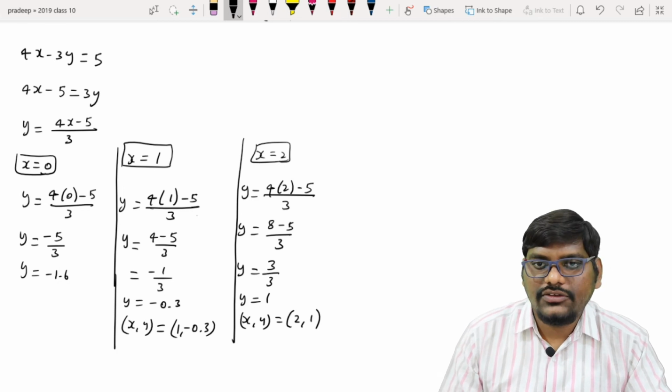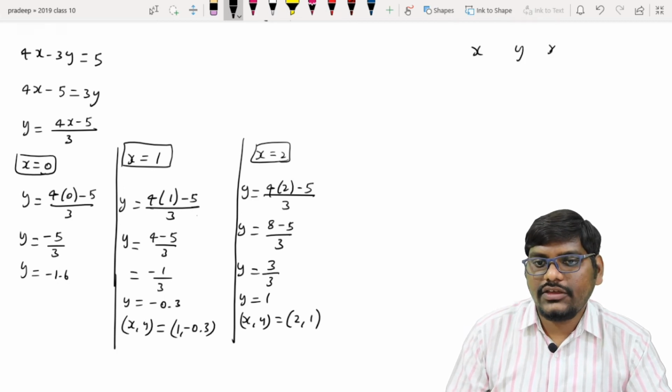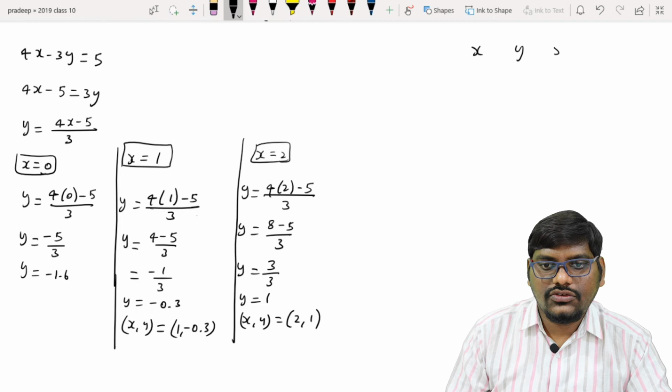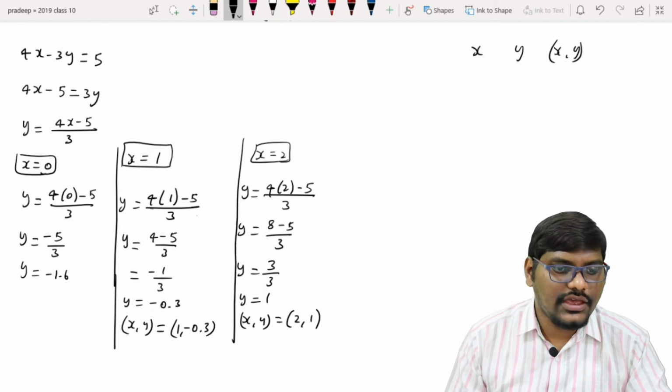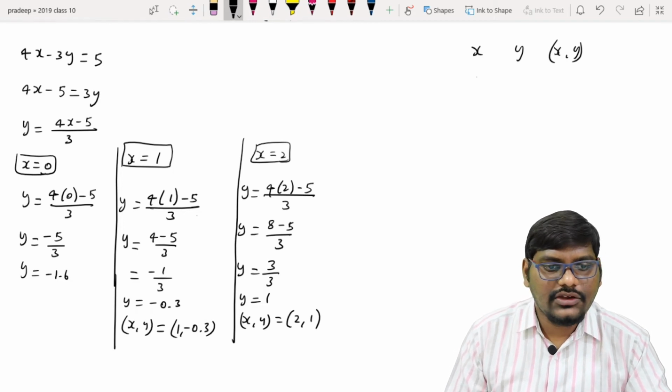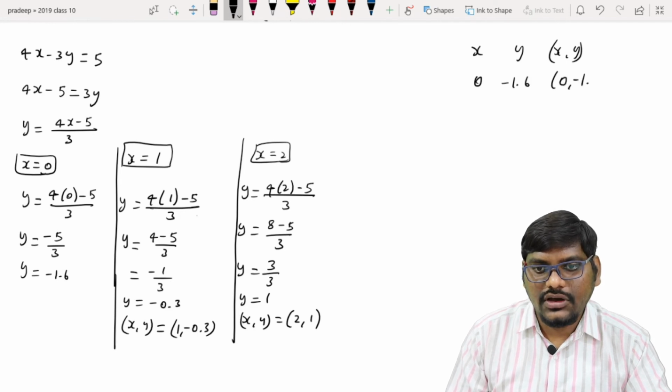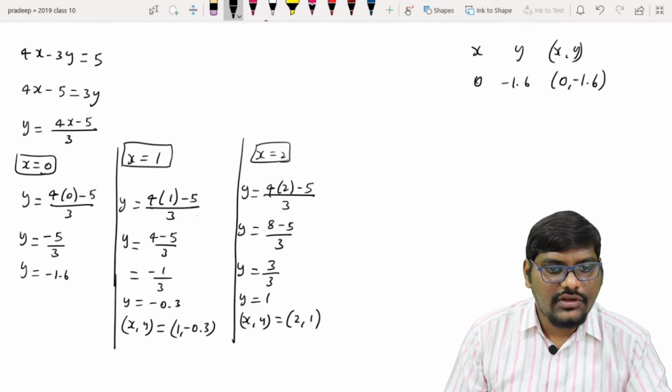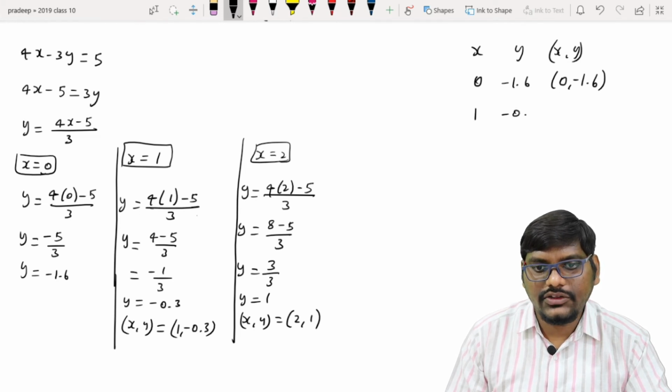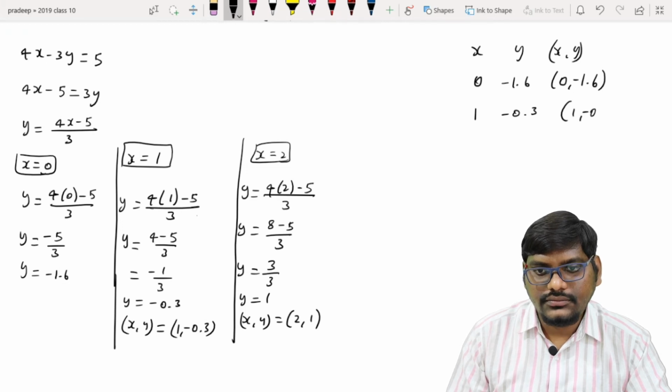Alright, so let me write this in the table, x, y, x comma y. So x is 0. When I took x as 0, I got y as minus 1.6. So this is 0 comma minus 1.6. When I took x equal to 1, I got y as minus 0.3. So this is 1 comma minus 0.3.